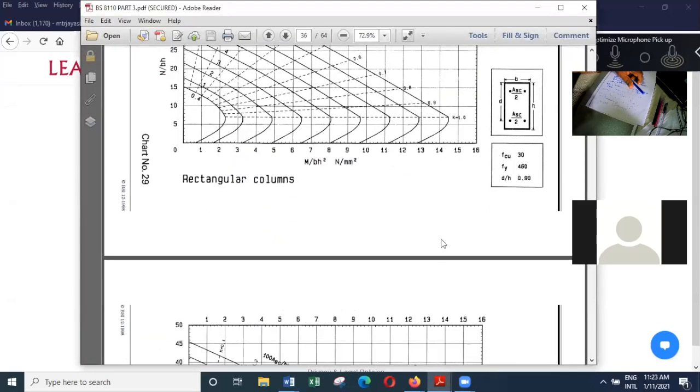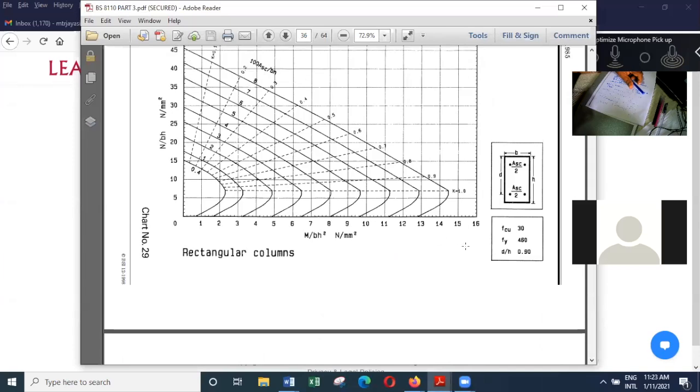Say, here we are using grade 30 concrete. The reinforcement strength is 460. And D over H ratio, that is, D is the distance to the center of the reinforcement.